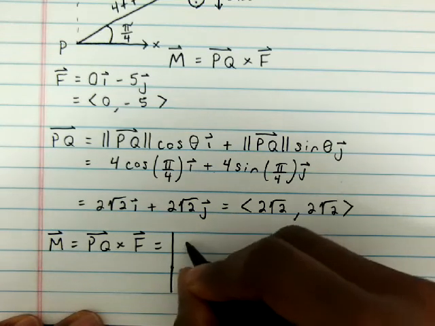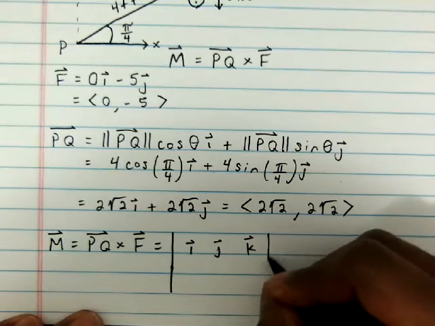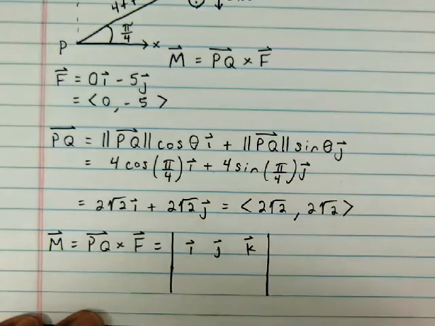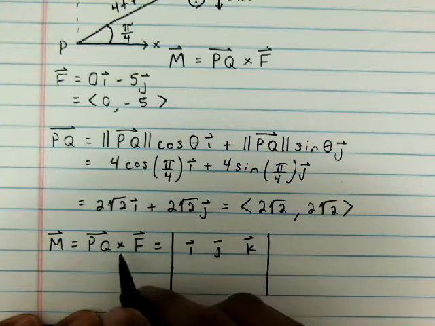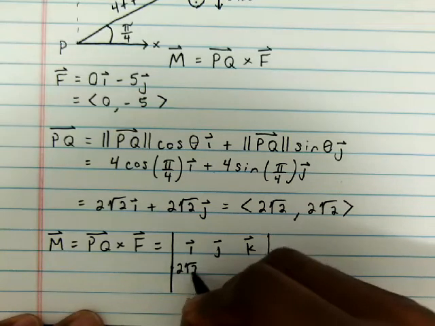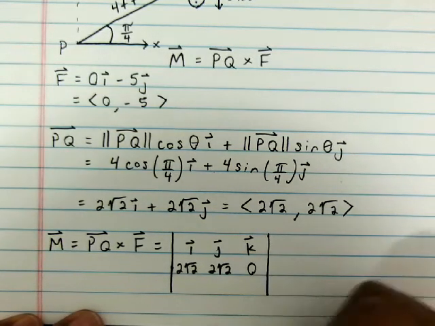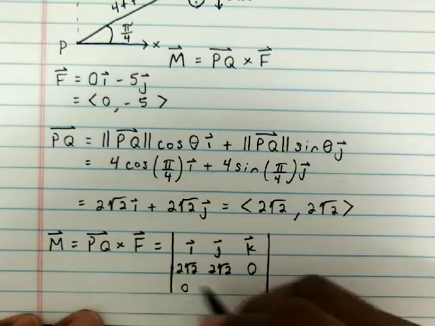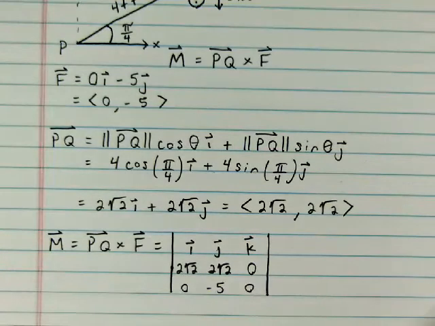So we can still put i, j, k, or you can use that formula. But now, remember to make sure you put these in the correct order. We're going to have 2√2, 2√2, and then 0. So 2√2, 2√2, 0, and then 0, -5, 0. And you go through and compute that cross product as usual, and that will give you the moment.